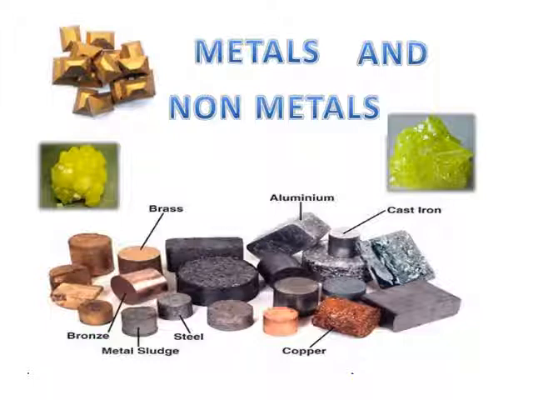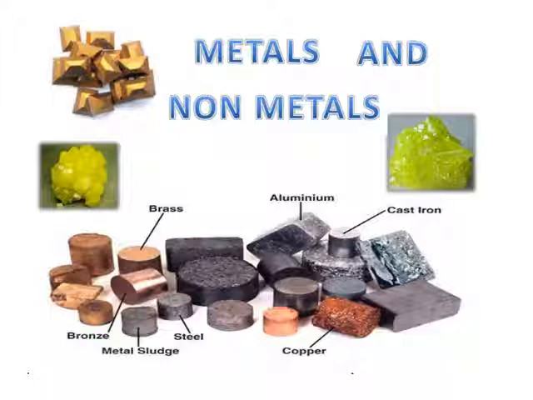Today we are going to continue with metals and non-metals, and this will be the third class for this chapter. In the first class, to recall, we classified metals and non-metals on the basis of physical properties, and in last week's class, we classified elements as metals and non-metals on the basis of chemical properties.